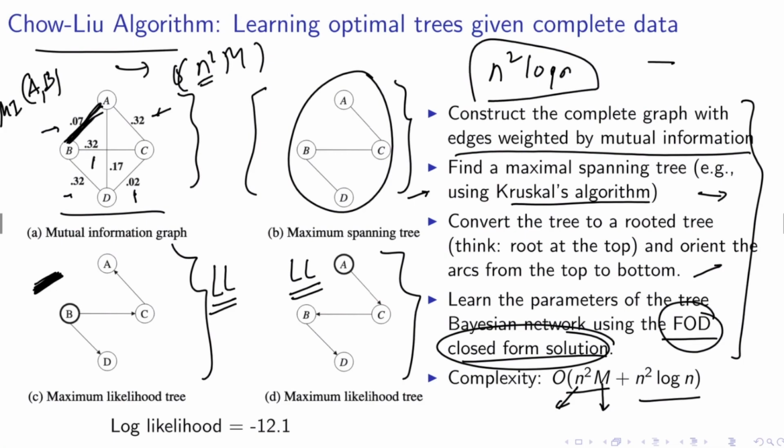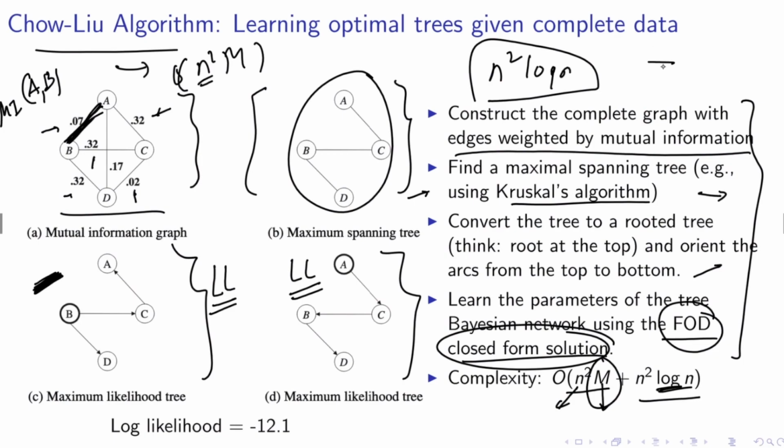Okay, so the overall complexity is O of n square m, where m is the number of data points, plus n square log n. And typically what will happen is that m will be much larger than log n, and closer to actually n, the number of variables, and in many cases much larger than n, which is the number of variables.